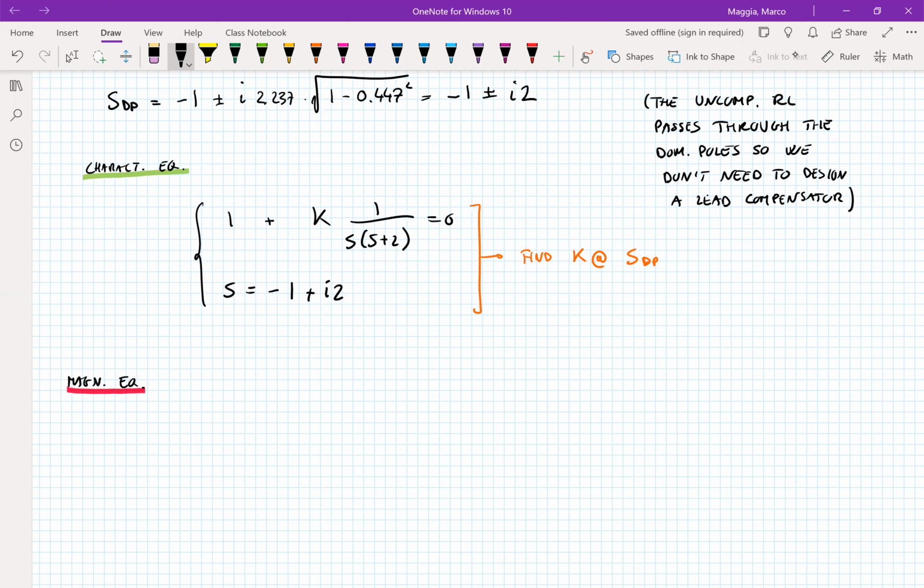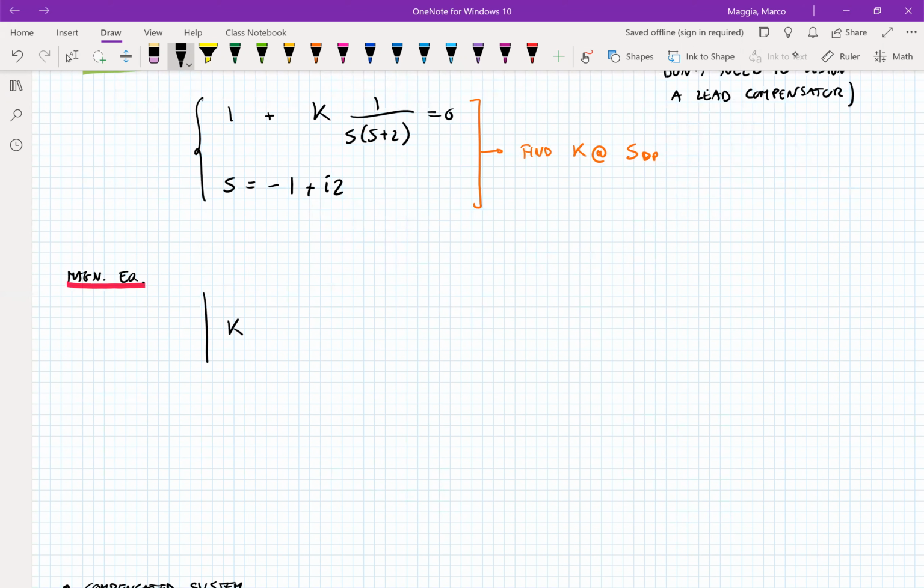The only unknown that we have is the value of k. So I can simply use the magnitude equation. The magnitude of k times 1 over s times (s plus 2) has to be equal to the magnitude of -1, which is 1.